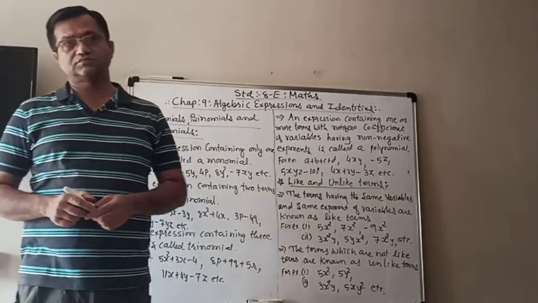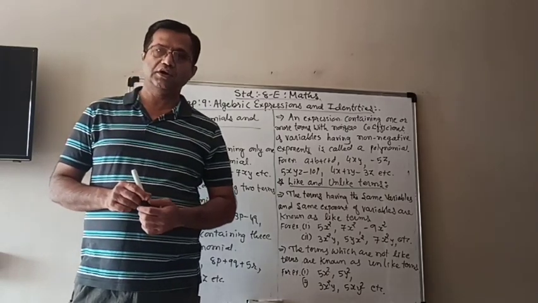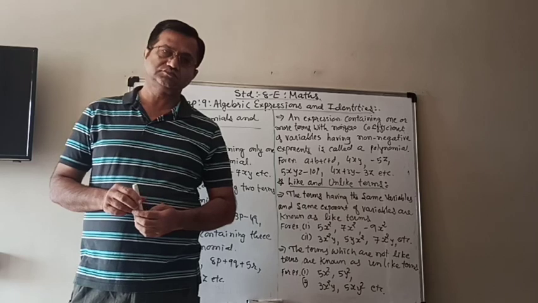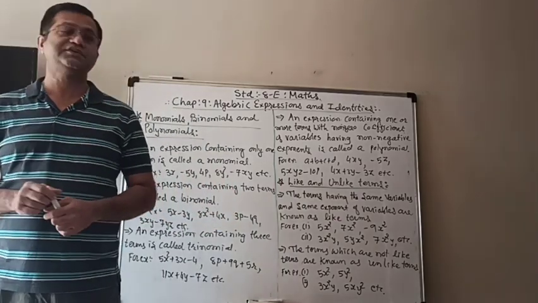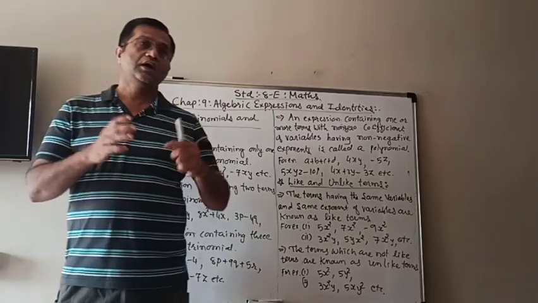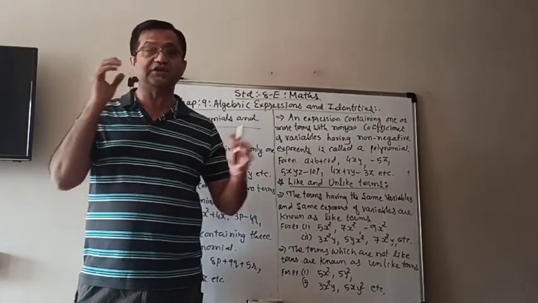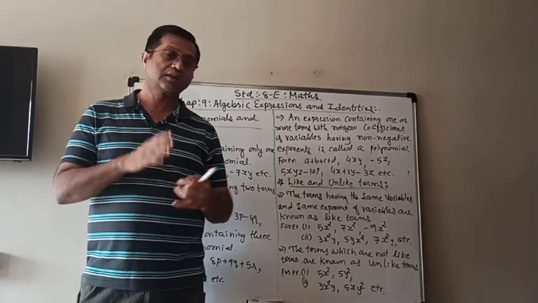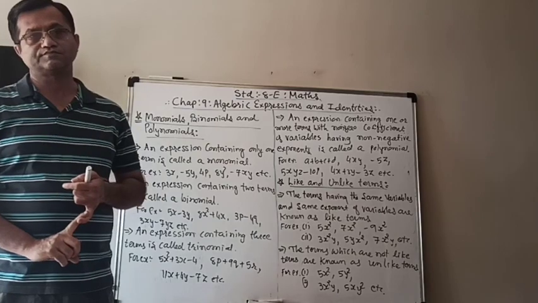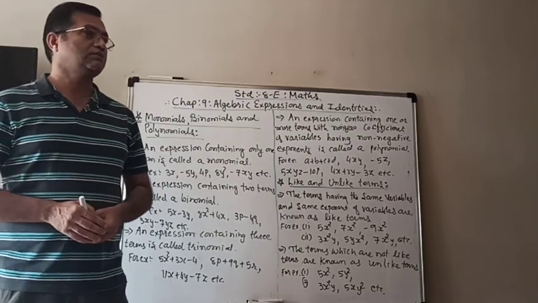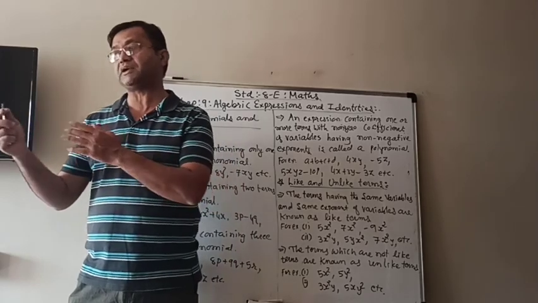Standard 8 in maths, we started a new chapter, the algebraic expressions and identities. We know that an algebraic expression is the combination of variables and constants using the basic operations: addition, subtraction, multiplication and division.